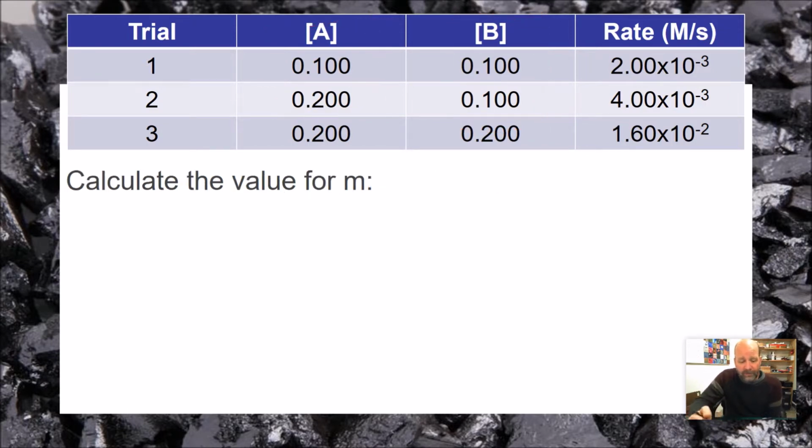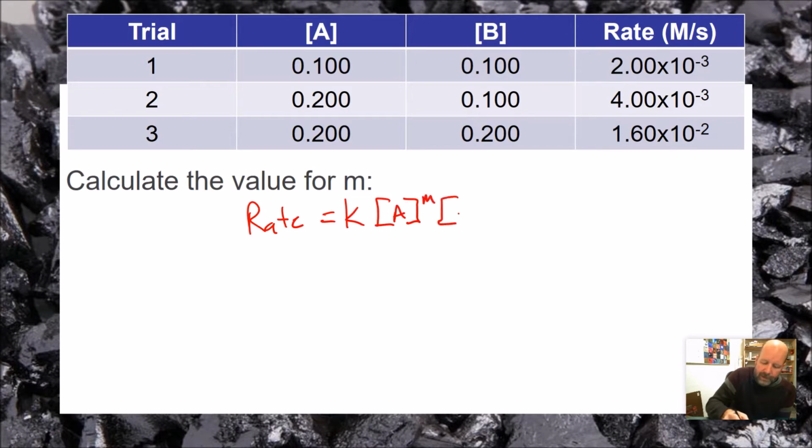We can calculate the value for m in the rate law. So right now we have here's our rate law: rate equals k[A]^m[B]^n. And so if we take this reaction and we divide it by itself basically, but we divide different trials. So let's take this trial divided by this trial. And I choose it that way because it's nice to have the big one on top.